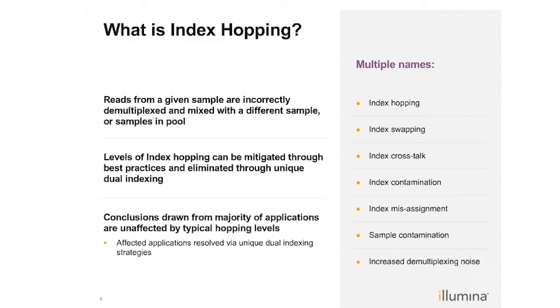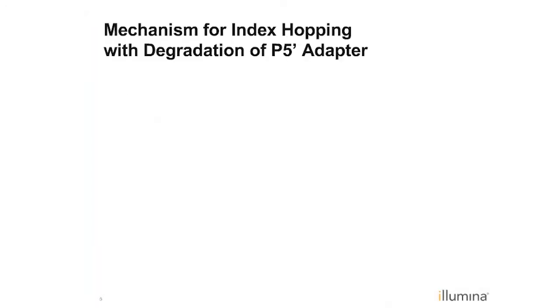These levels of index hopping can be mitigated through best practices that we'll be talking about throughout this presentation, and completely eliminated from your final data through the use of unique dual indexing, which we'll also be talking about. And one of the major conclusions that we've seen from looking at a majority of applications is that even though you can detect index hopping, typical index hopping levels do not really affect the outcomes of most experiments.